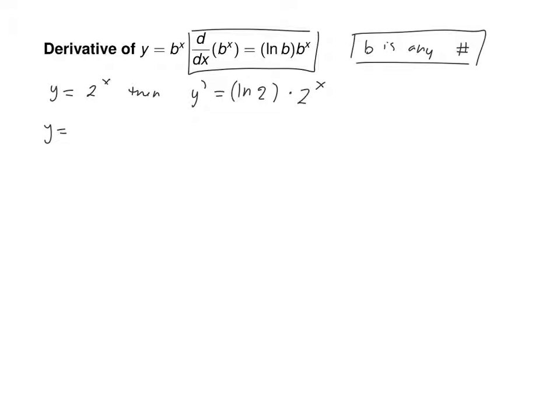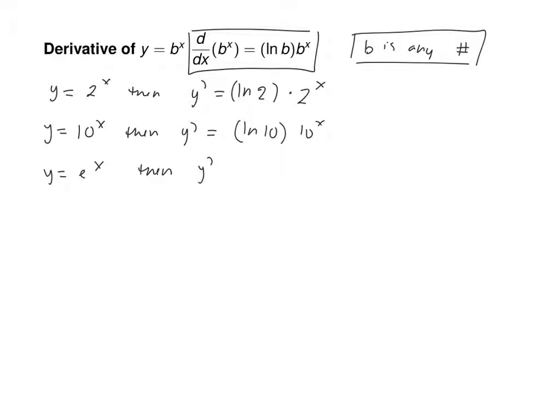What if I gave you 10 to the x? What would y prime be there? ln of 10. And the question is, does this formula still work with e? Let's pretend that we don't know that e to the x is its own derivative. Just for a second, we just know this formula, okay?